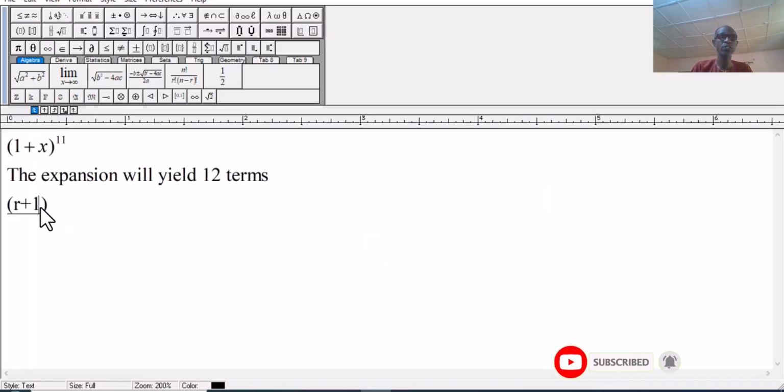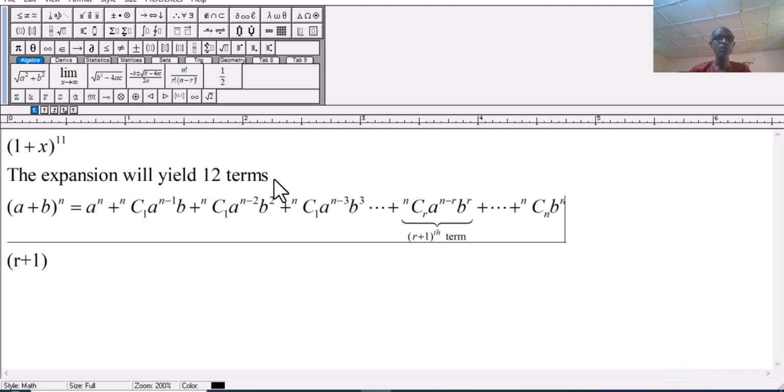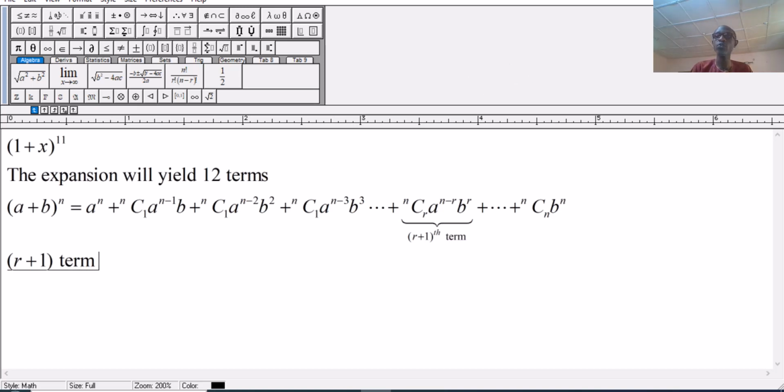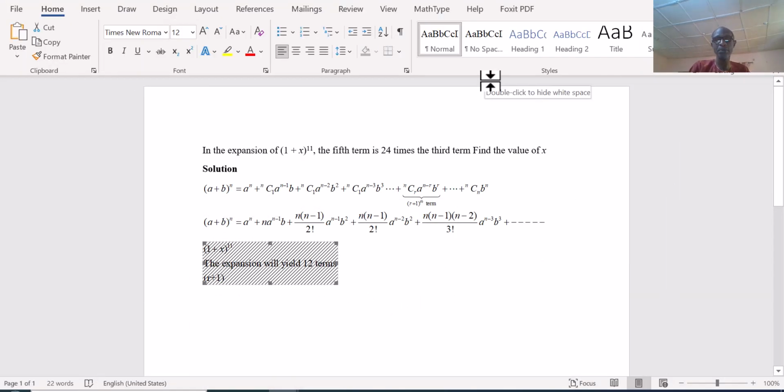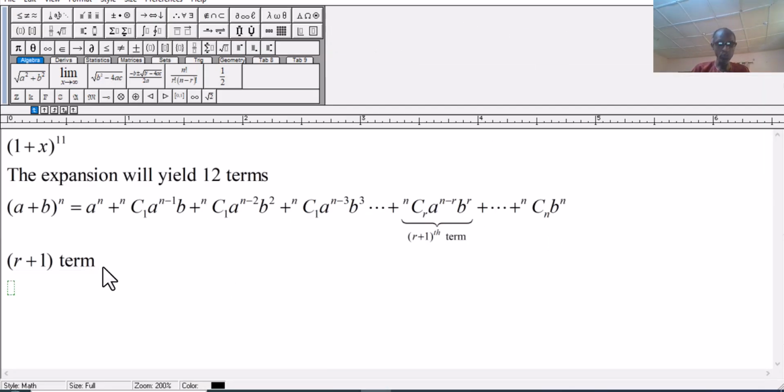The r plus 1 term. So if we are told from the question that it is the fifth term, that means we write T subscript r plus 1.